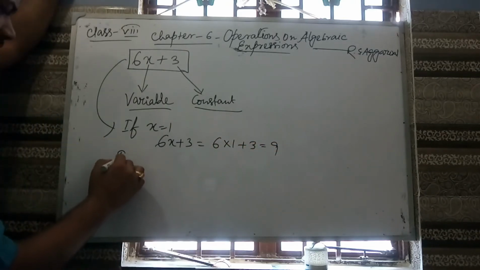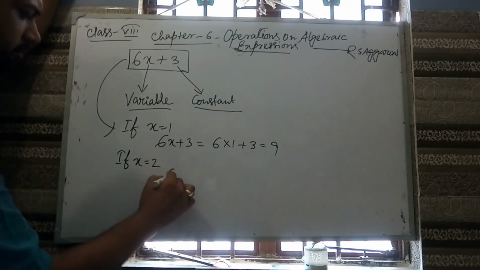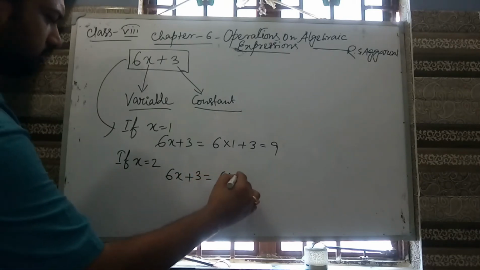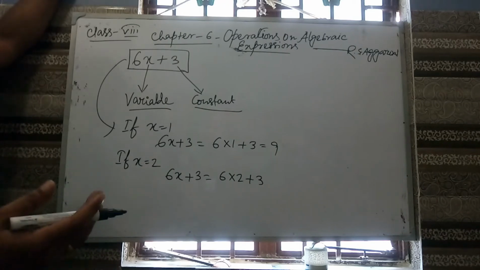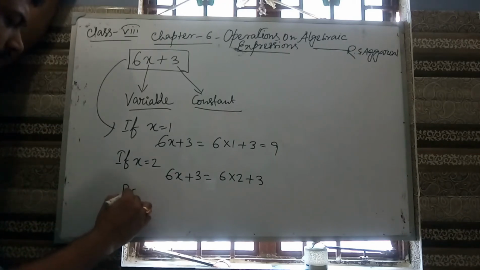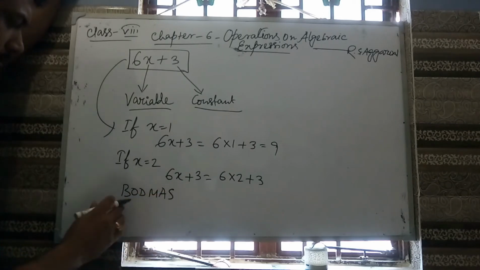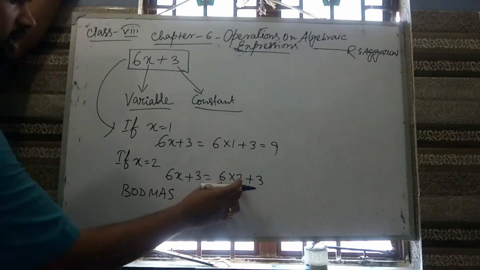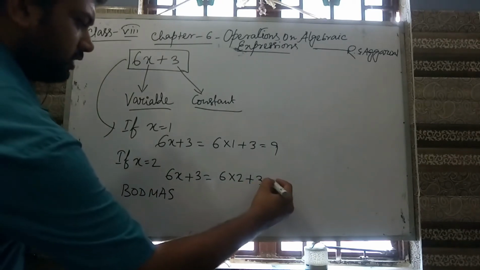Again, if x equal to 2, the value of the expression 6x plus 3 will become 6 into 2 plus 3. Use BODMAS rule, bracket of division, multiplication, then addition. So multiply these two numbers first. 6 2s are 12 plus 3, 15.